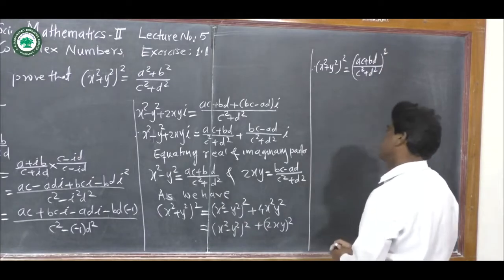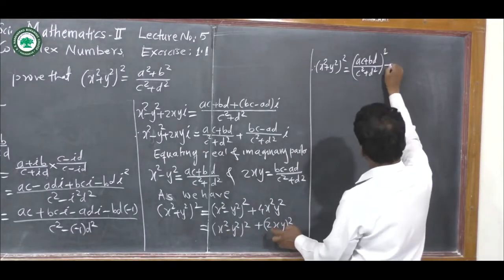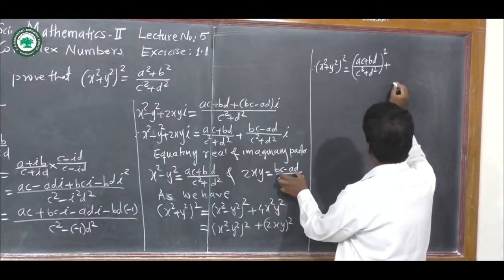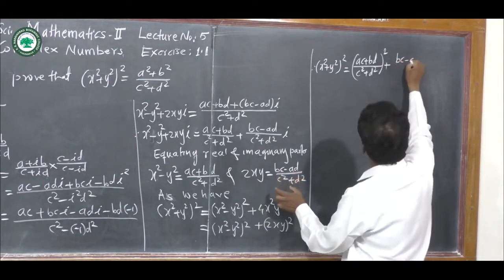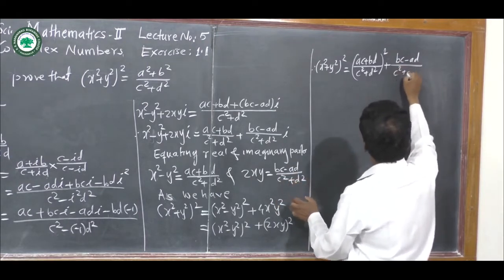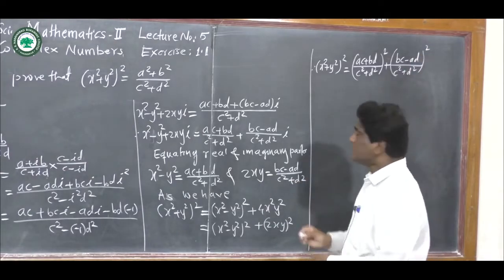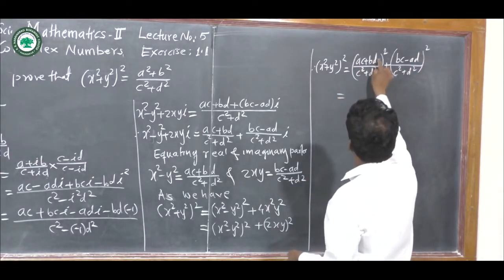Get it? x square minus y square and its square. Plus here, put the value of 2xy, that is (BC minus AD) divided by (c square plus d square) and bracket square. Get it?